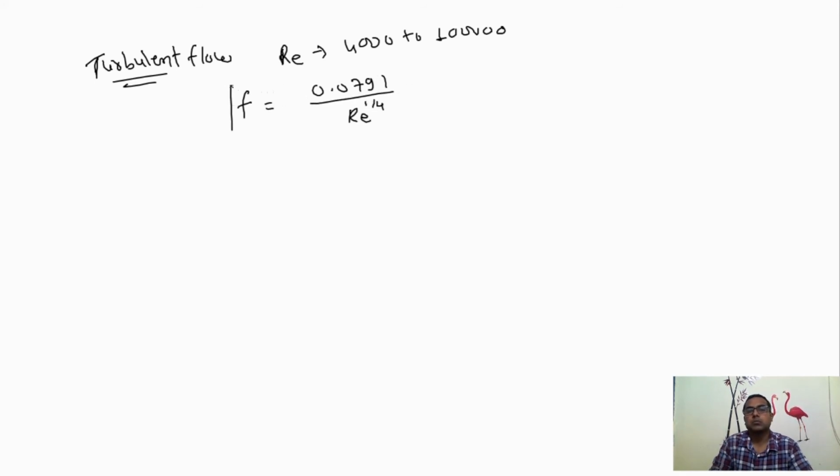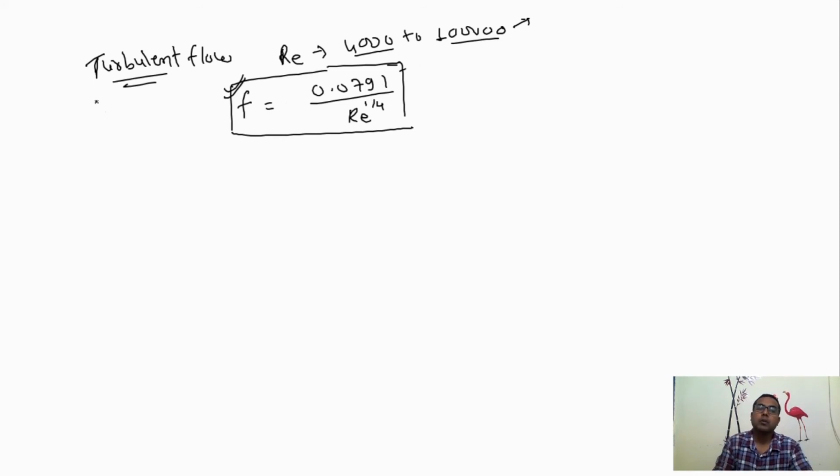So this is the expression you have to remember, and this is valid when Reynolds number is in between 4000 to 1 lakh. Beyond this 1 lakh we have different types of expressions. We need not remember all those expressions, but this one is quite important from the point of view of your competitive exams. So remember this and the previous one.